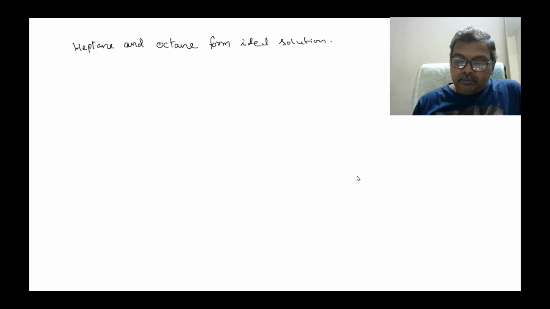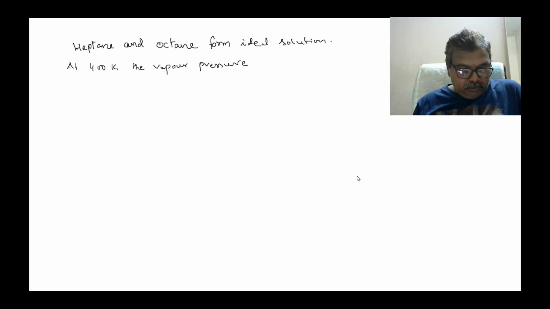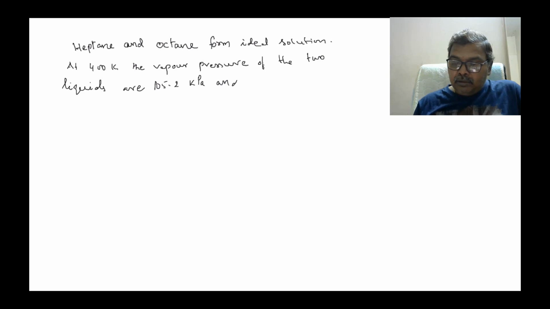At 400 Kelvin, the vapor pressures of the two liquids are 105.2 kilopascals and 46.8 kilopascals respectively.